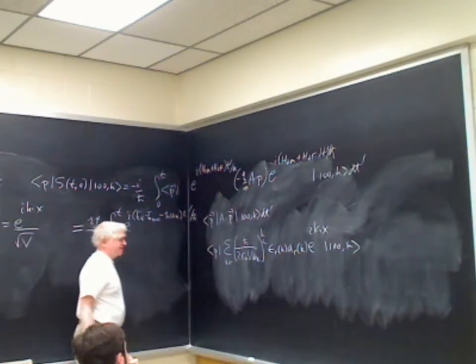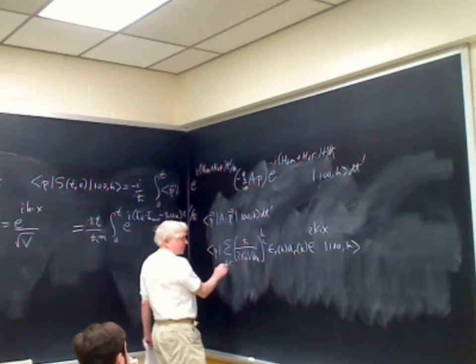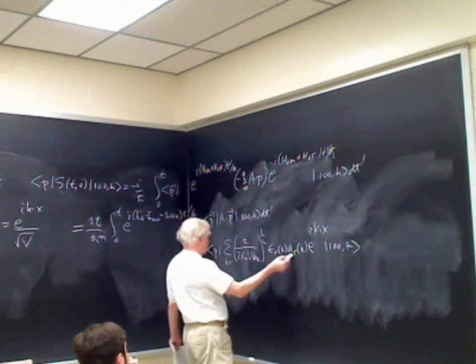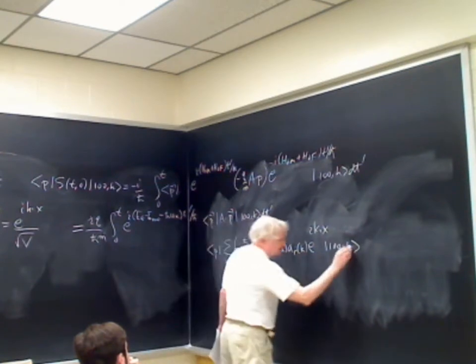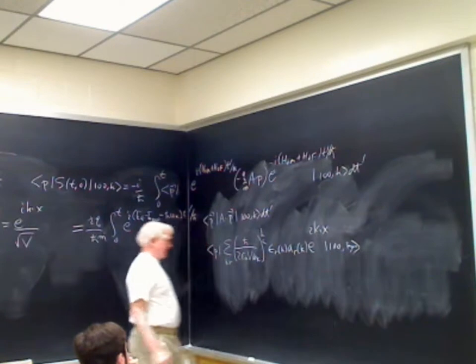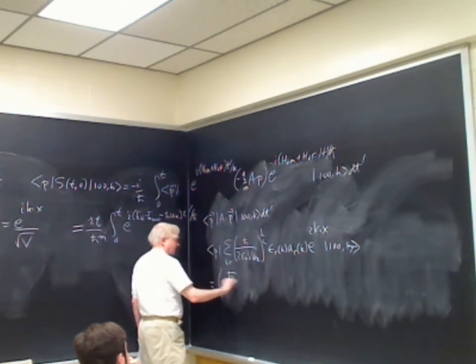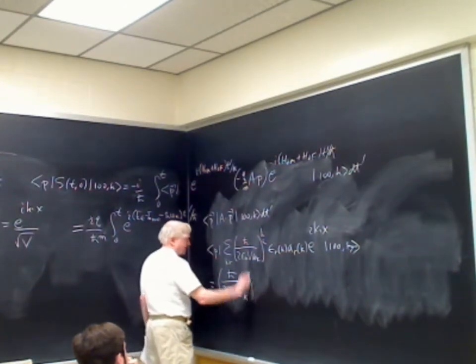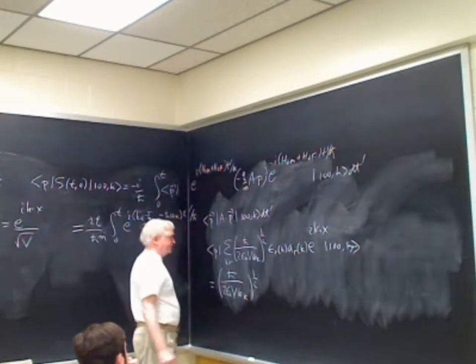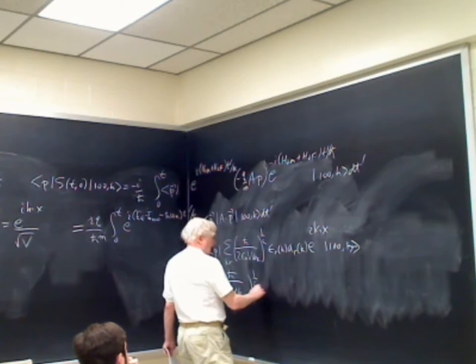And in our box quantization, as we sum over k and r, only one term contributes, corresponding to the k and r of the initial state. And so this thing gives us h bar over 2 epsilon 0 V omega_k to the 1/2. And so then we have p.